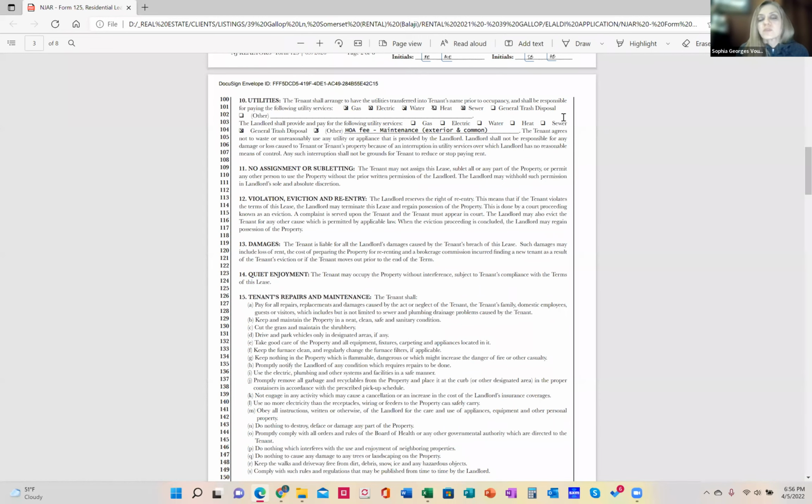I didn't put trash because trash is included in the HOA. So these are paid basically by the tenants, transferred into the tenant's name. They're going to be responsible. The landlord shall provide and pay for the following services. So I said trash because in this case, the trash was included in the HOA fee. Okay, thank you.